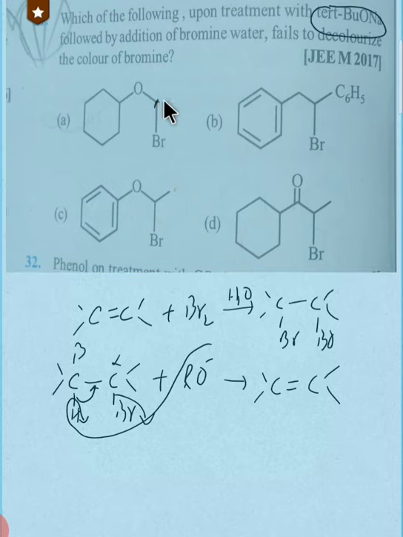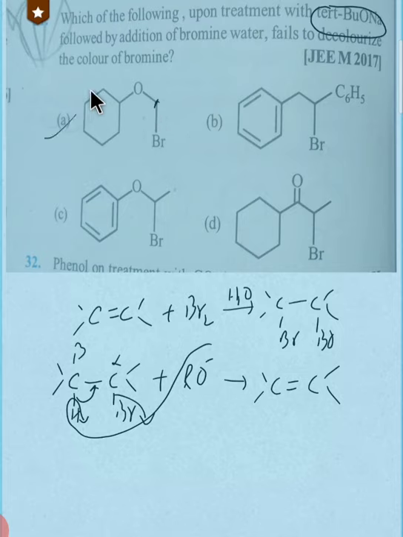This is the alpha carbon atom, no beta carbon atom is there, so there is no possibility to form a double bond by reacting with this tertiary butoxide group. In fact, this A will react with this tertiary butoxide to form an ether, not an alkene, because no beta hydrogen is present in this case, so no beta elimination will take place to form a double bond.